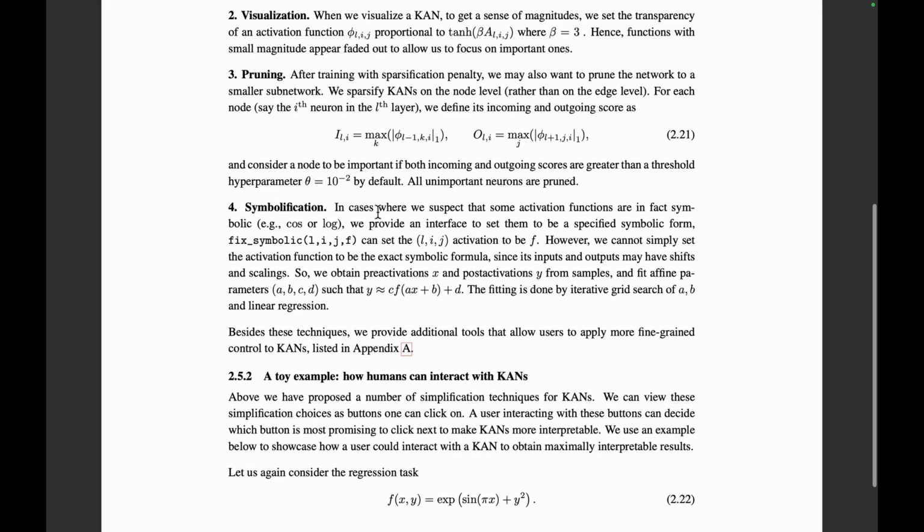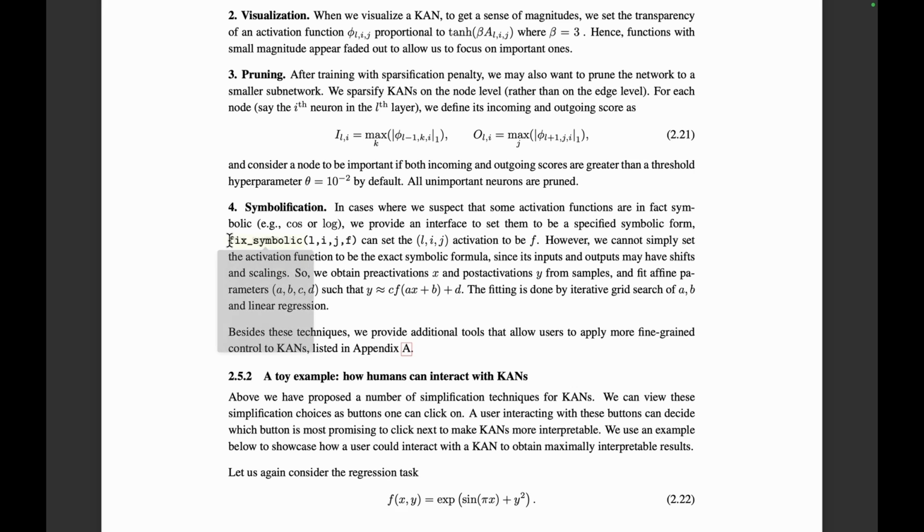Next comes symbolification. Symbolification is when we suspect that there is some activation function that we can define, which is a standard function like cos or sine or log or exponent. They provide an interface to set them to a specified symbolic form.